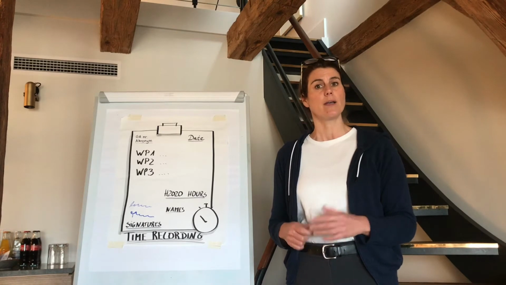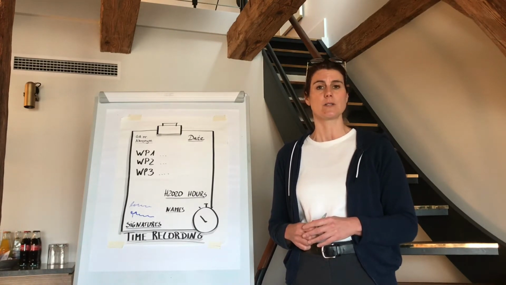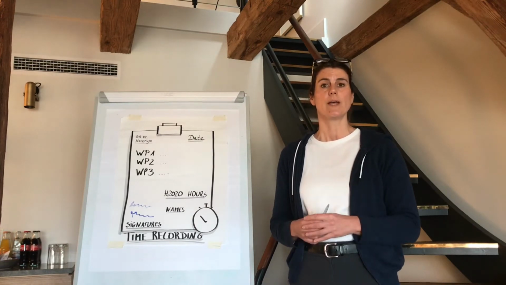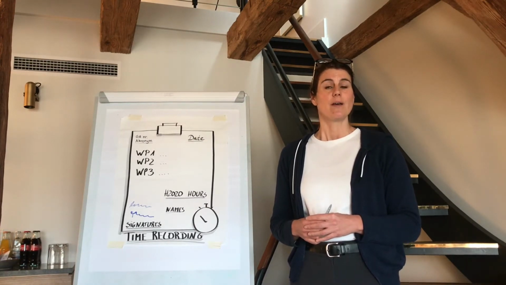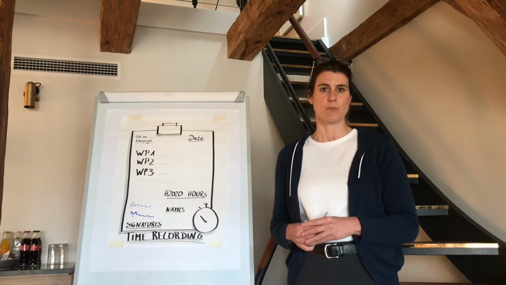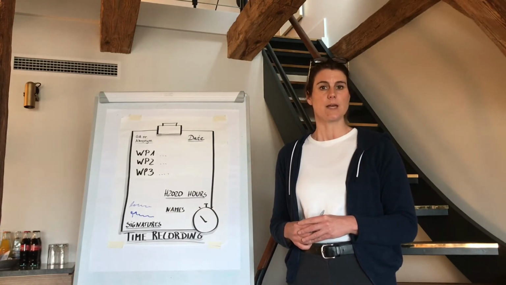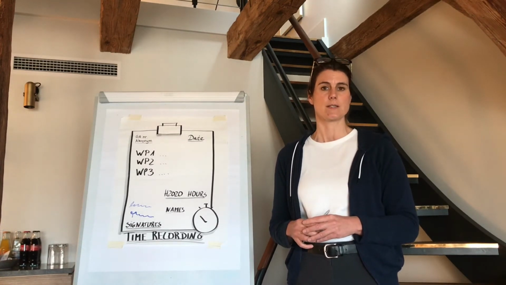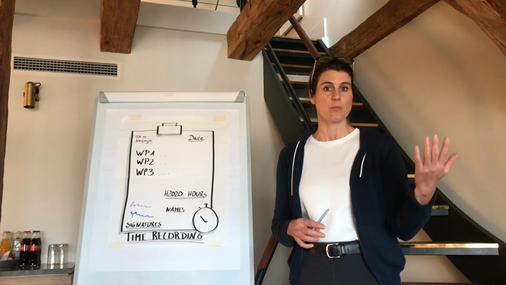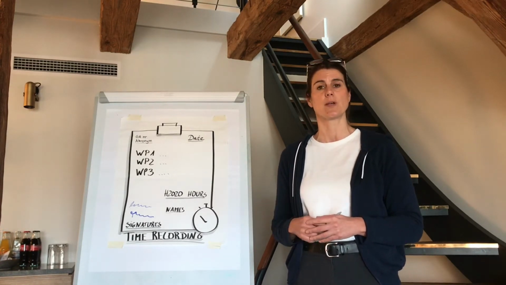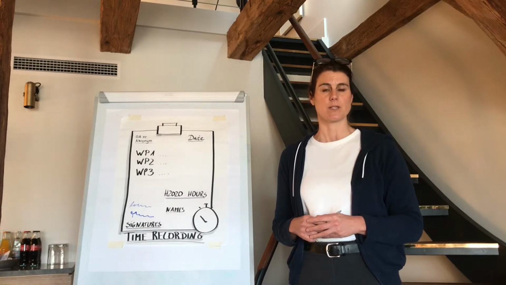Now, if you are a director in a small or medium-sized company, or if you are an SME owner, it will be difficult for you to produce two signatures because obviously you don't have a superior. But still, time records would be accepted as documentation in those cases. But everybody else who has a superior, or maybe has the opportunity to use an accountant to countersign the time records, this would be a necessity.